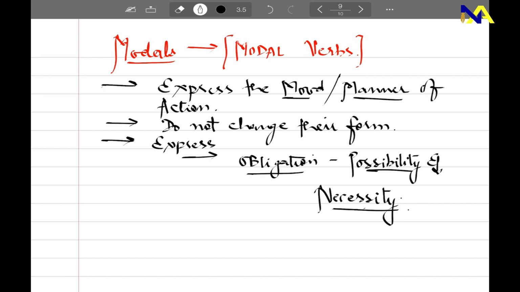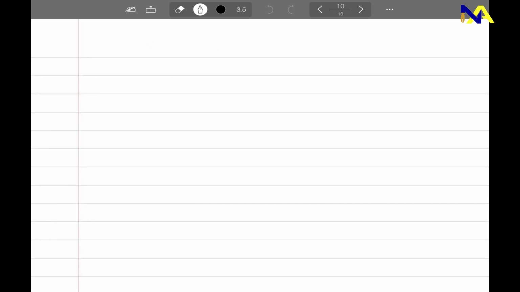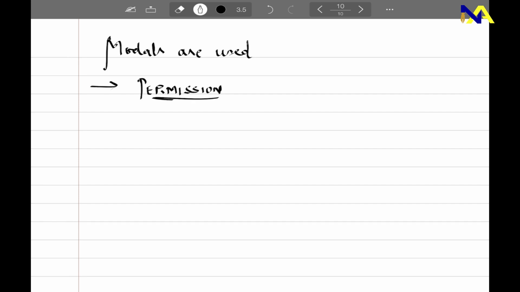Okay, now we will come to that. See, modals are used to ask for permission.